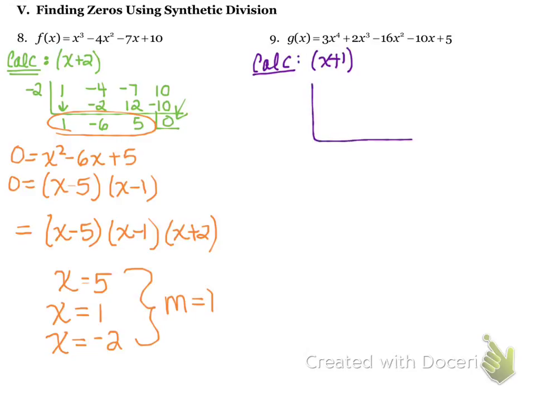So, synthetic division, I would have 3, 2, -16, -10, and 5. And then I would have -1 on the outside because my factor is x plus 1.